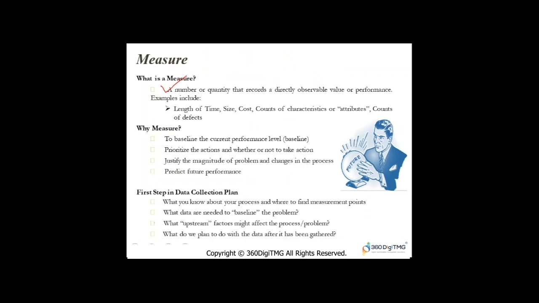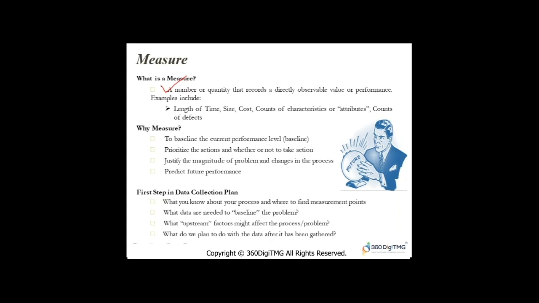that records a directly observable value of performance. Here are a few examples. Length of time, probably speed or age of a person. You can also measure size in terms of length, height, weight. You may want to measure cost, sales revenue, profits. Counts of characteristics or attributes are also measured.